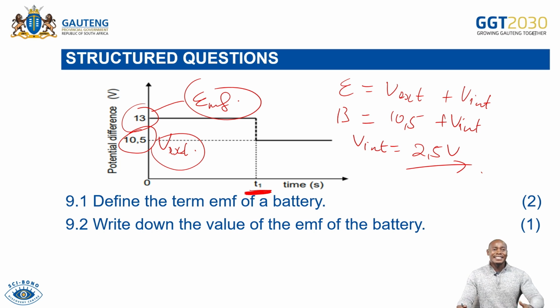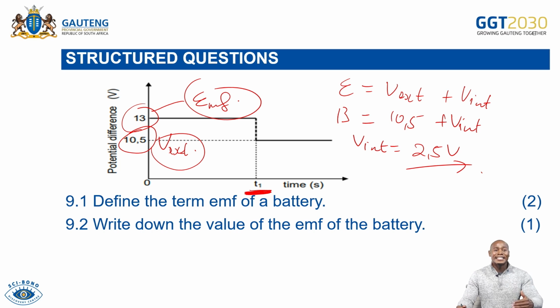If they say decreases by 2 volts, that 2 volts now is going to be the internal potential difference. When the switch is closed, the reading on the voltmeter decreases by 2 volts. So that 2 volts will be the internal potential difference.